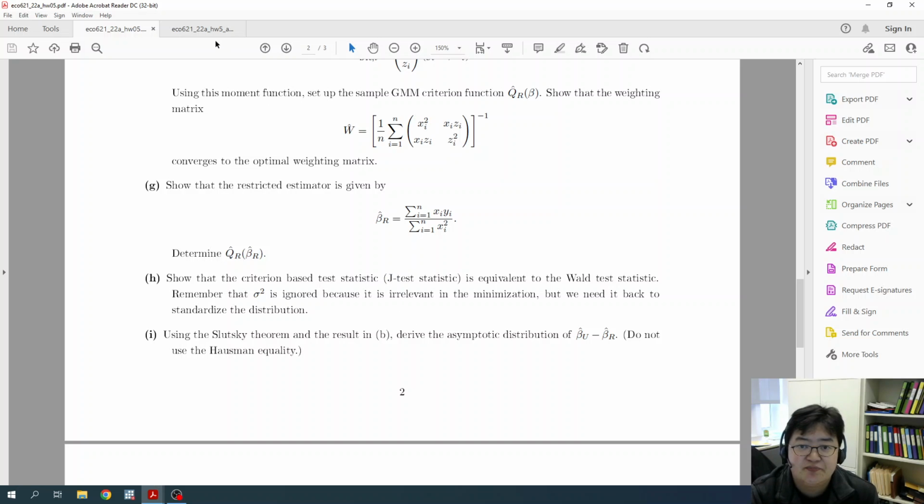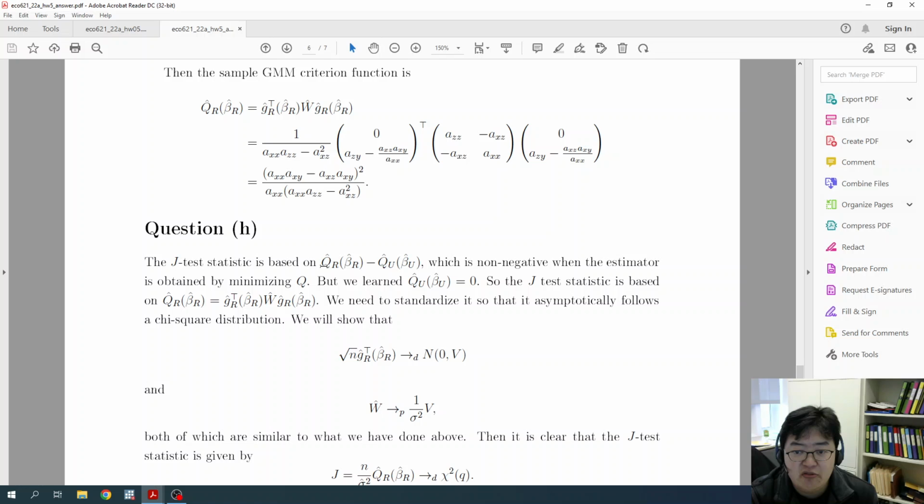The J test will be based on this guy, but we already derived the second term equals 0. And we derived that the first term is already calculated here.